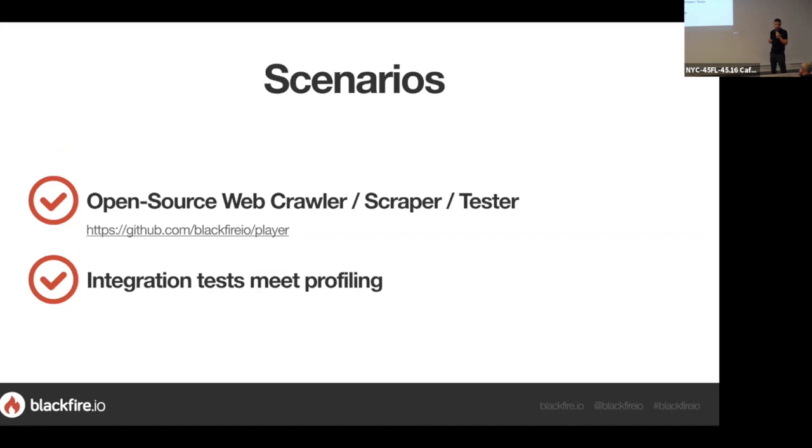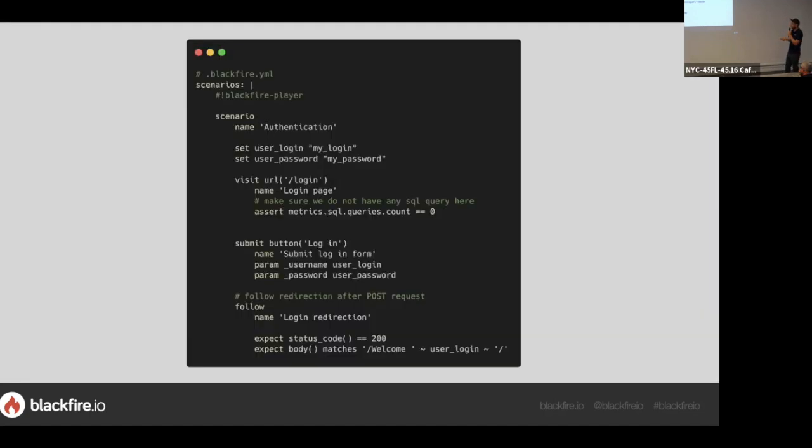Tester because you can assert that, for example, your HTTP request sends back a 200 status code. And when you integrate that with your profiling, it means that you integrate profiling data, low-level data, with your integration test. That's quite powerful, actually, because you can mix your own integration tests.